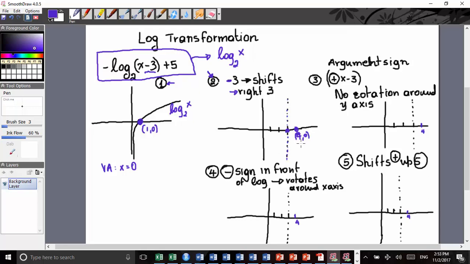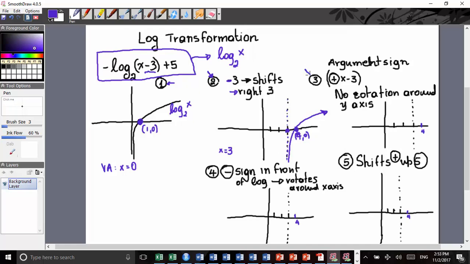The vertical asymptote was x equals 0, but now it's going to be x equals 3. So the new curve that I will get is similar to the previous one, with the difference that it is shifted to the right by 3 units. The vertical asymptote is affected and the x-intercept is affected.